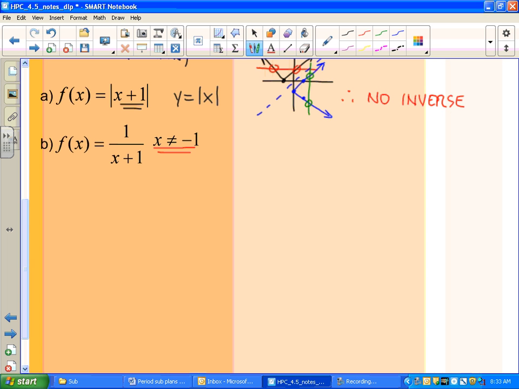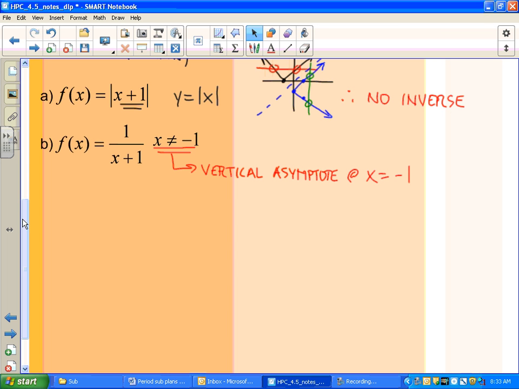So this is telling you what one of your vertical asymptotes is. Sometimes you have more than one. So we have a vertical asymptote at x equals negative 1. Horizontal asymptotes, again, thinking back to our Algebra 2 days, there is a quick way of deciphering what our horizontal asymptotes are.